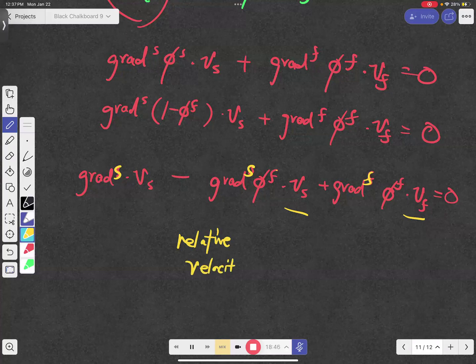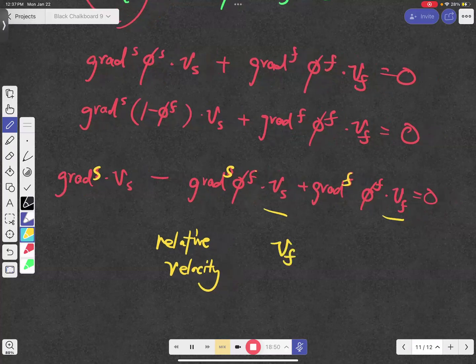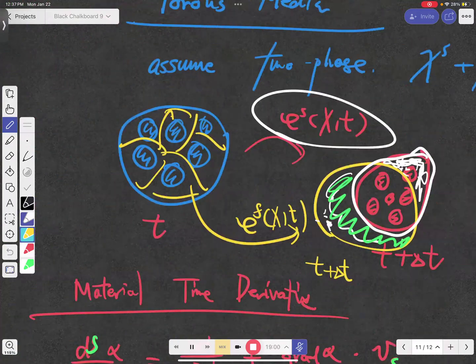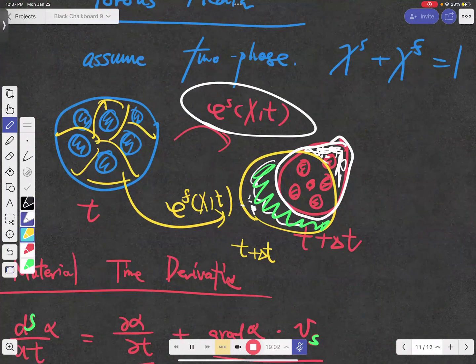Let me first define what is relative velocity. Relative velocity is the change of the vf minus vs. So sometimes people do this. Why do we care about that? Because of the trajectory. I don't necessarily need to reconstruct the entire trajectory of the fluid mechanics part.